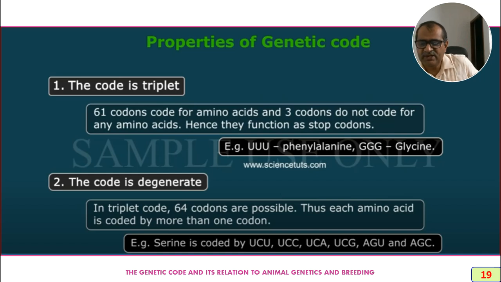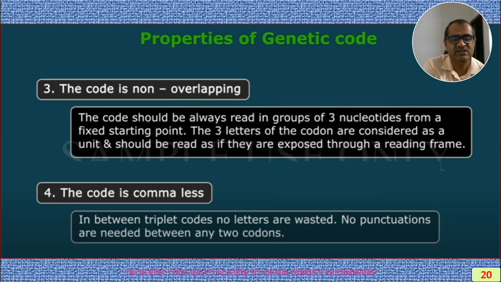In the triplet code, only 64 codons are possible, and each amino acid is coded by more than one codon. For example, serine is coded by uracil, cytosine, uracil, and also by uracil, cytosine, cytosine. Similarly, the sequencing of these nucleotides will evolve into different types of the basic amino acids.